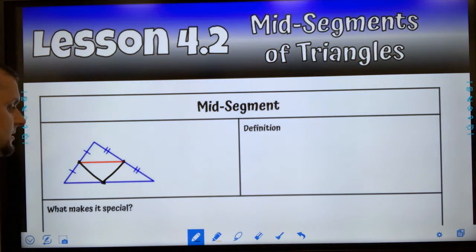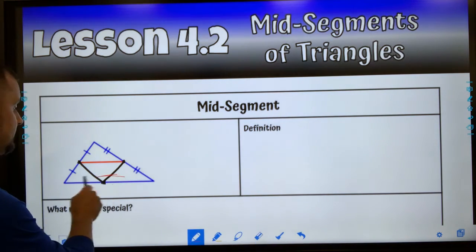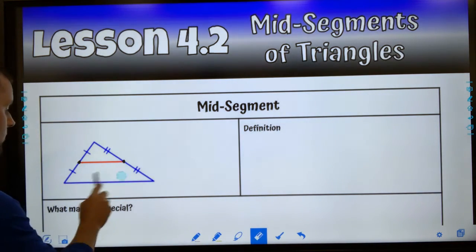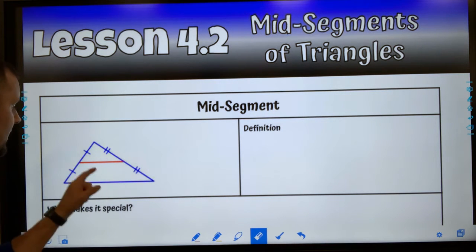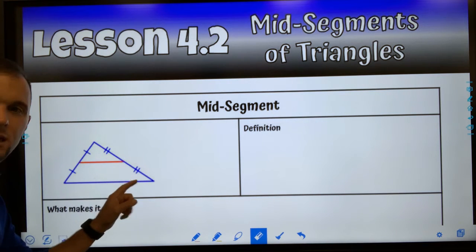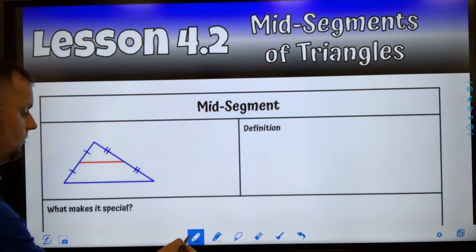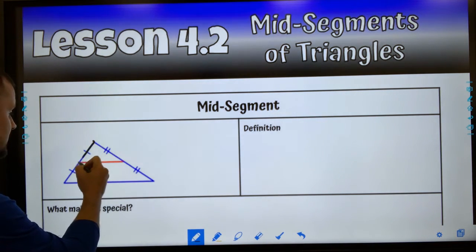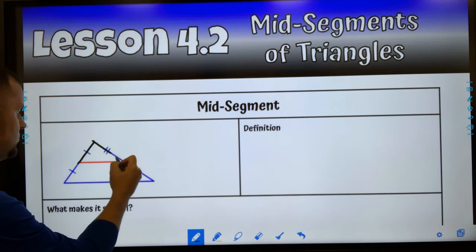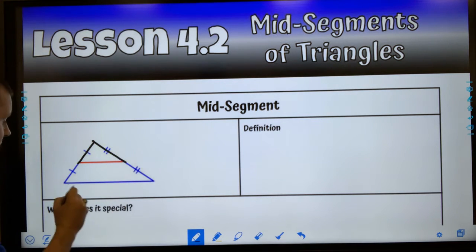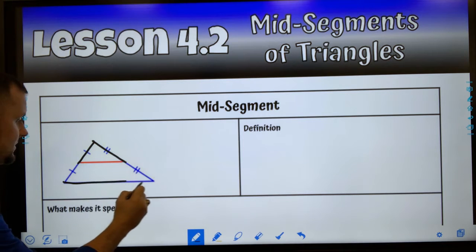What that means here, I'm going to go ahead and erase this so we can see. Whenever I have a mid-segment, it's going to be parallel to that third side. Right here I have one side, right here I have two sides, and then my third side is the one opposite of that.